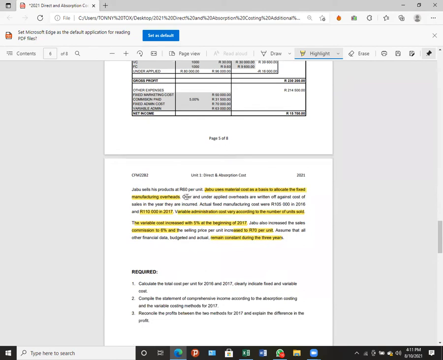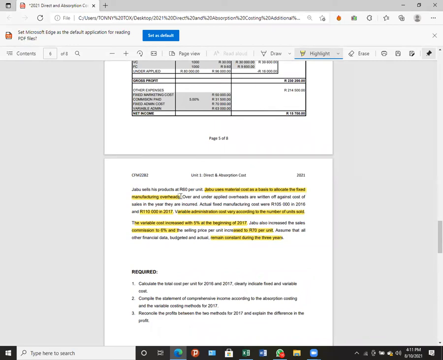I continue, guys. That is why I used a marquee. I highlighted this with yellow because it's important information that we are going to need. Remember, I always remind you in CFM2B to use your previous knowledge, your first year knowledge.